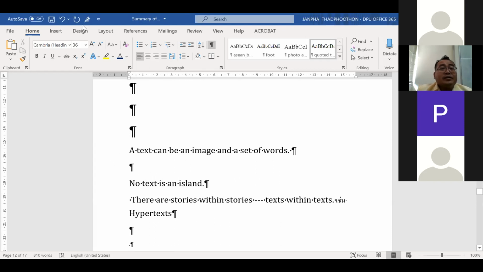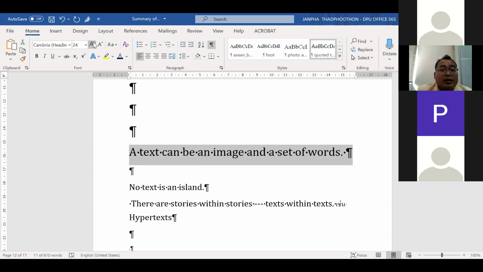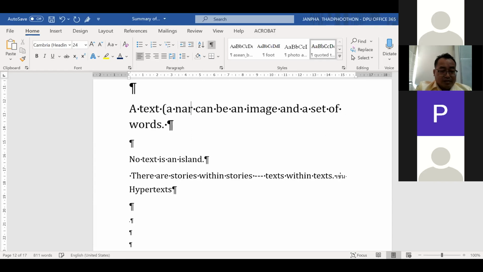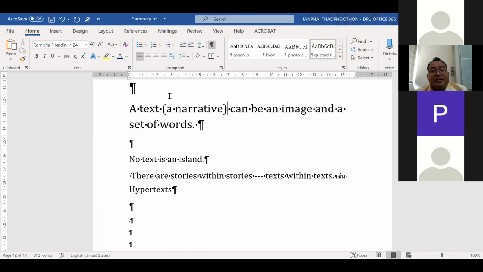A text can be an image or a set of words. What do we mean by an image or a set of signs? A set of icons.